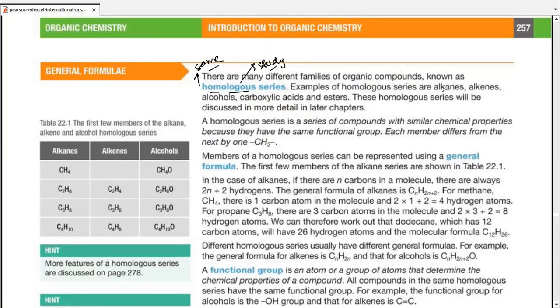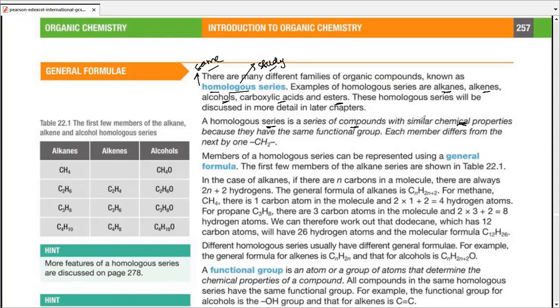For example, some families that you're going to come across are alkanes, alkenes, alcohols, carboxylic acids. These are the names of entire families. These families consist of thousands of compounds, and you're going to study all of those compounds under a very few set of rules. When I use the word homologous series, it means a series of compounds.